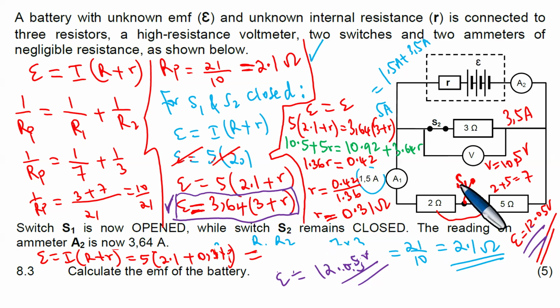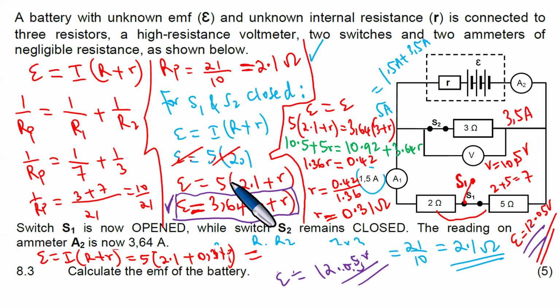There's no other way. We must go back and close this switch and use the information we had before. So we're going to say EMF is I(R + r), because now we want to get the internal resistance. How do we get it, because it's not given? What is the current through the circuit?